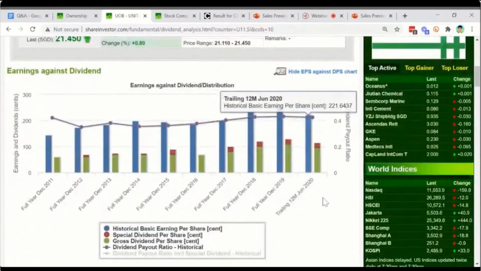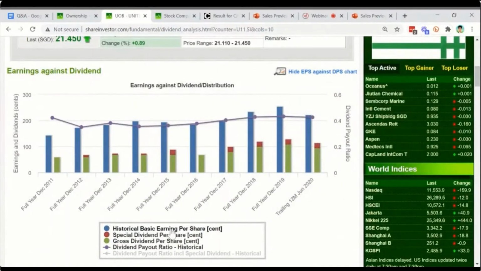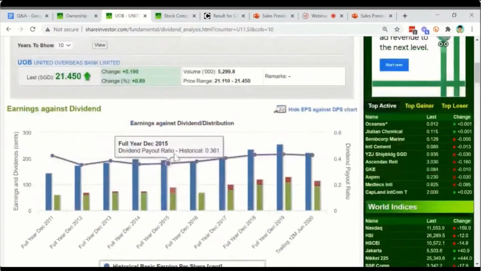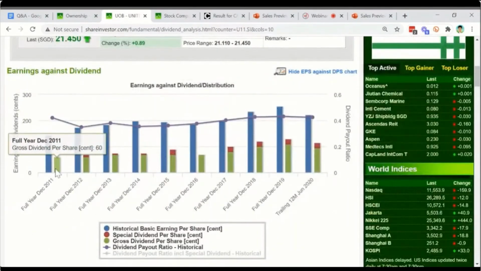From here itself, I can straight away see the earnings per share, which is the blue color bar, as well as the dividend per share, which is the green color, and the special dividend depicted by the red color. And for UOB, they have maintained a very consistent, stable growth over the past 9 years.